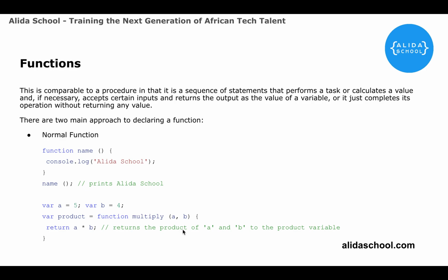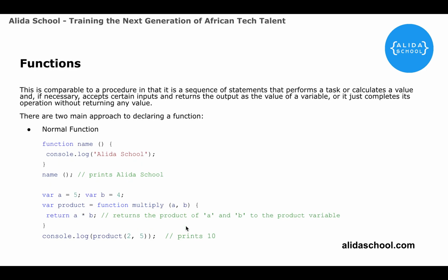and in turn you get to have the product of A and B as the value of the variable product. To call this function, all you need to do is to run product passing the two values 2 and 5, and with that these two arguments get to be accepted inside of these parameters here, where you have 2 to be A and 5 to be B. So technically we are going to have 2 multiplied by 5, the value is 10, and it's now returning the value of 10 to the variable product.